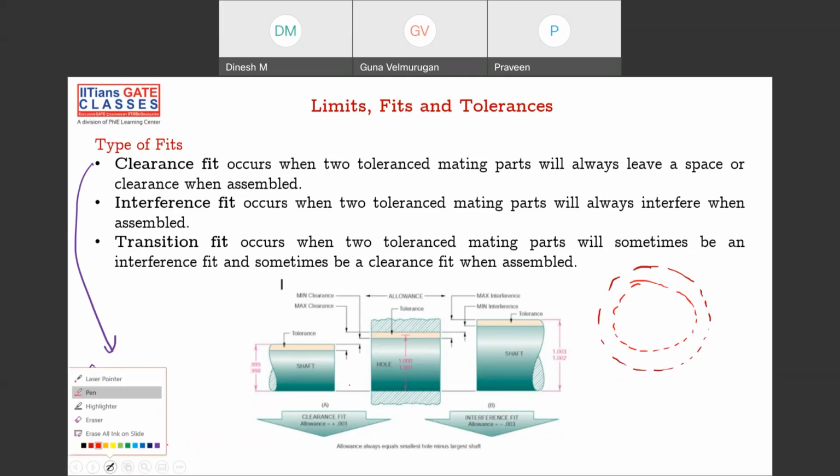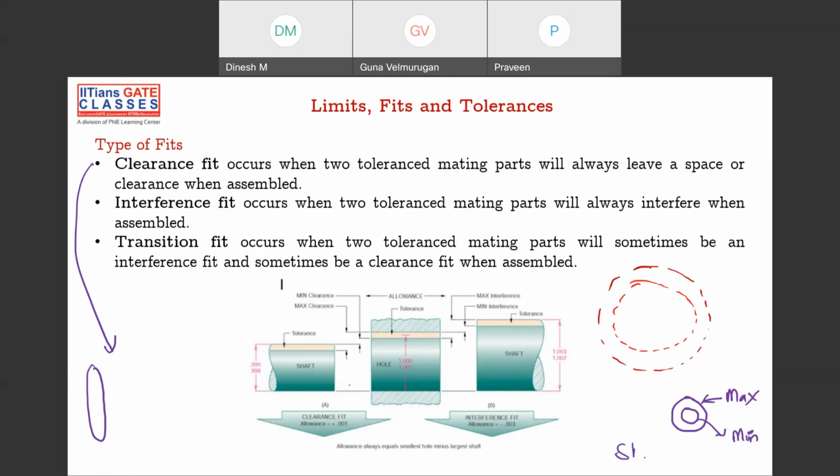And my shaft: maximum shaft size is this, minimum shaft size is this. So this is for the shaft. In the hole, this is the maximum hole size, minimum hole size.